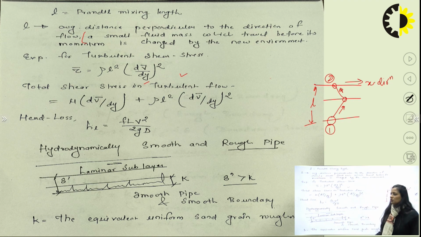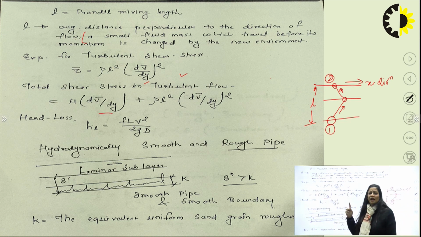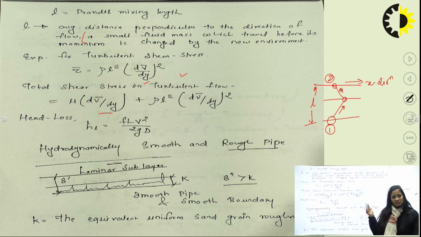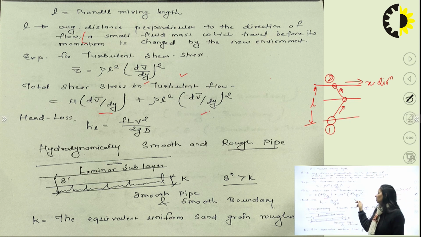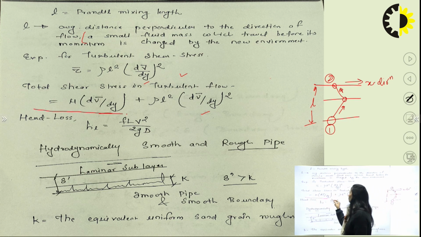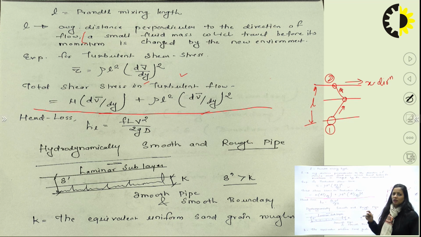So what will be the total shear stress? It will be the addition of viscous shear stress plus turbulent shear stress. This is clear. So now we know the expression for turbulent shear stress by the theory of Prandtl.